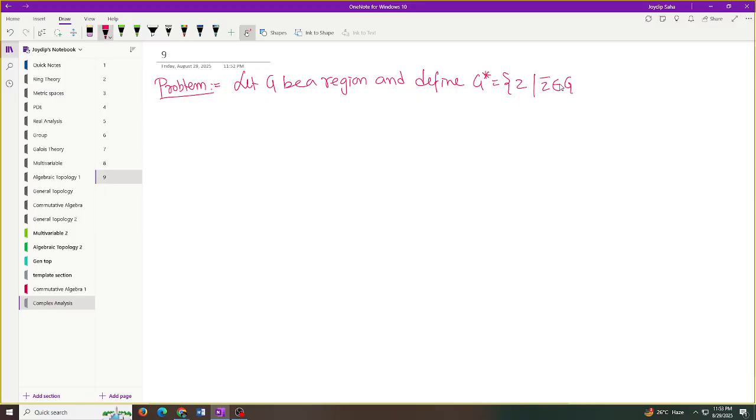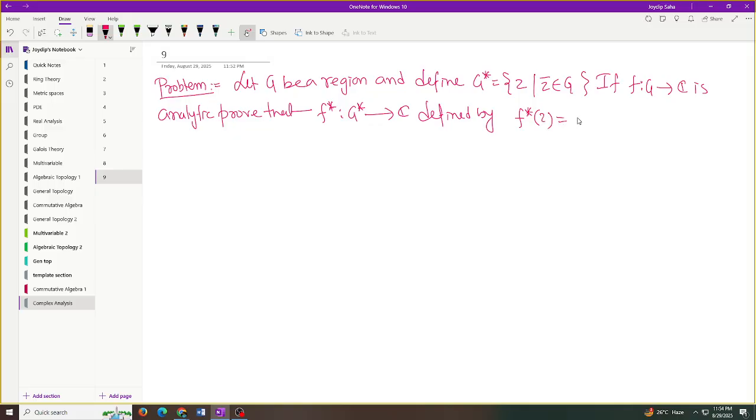This is z bar belongs to G. If f from G to C is analytic, prove that f star from G star to C defined by f star of z equals f of z bar is also analytic.